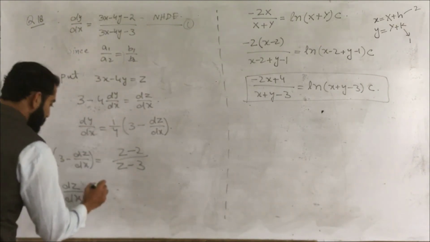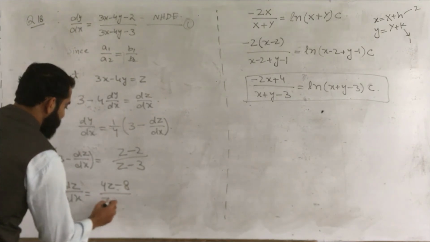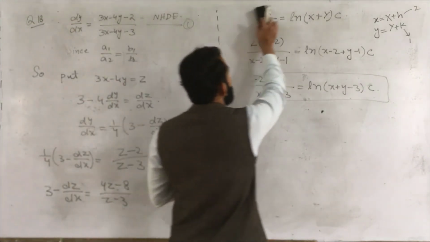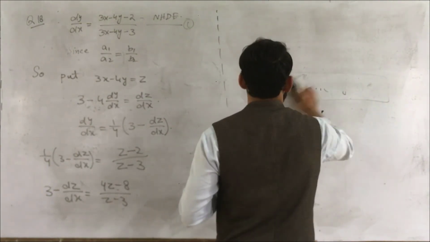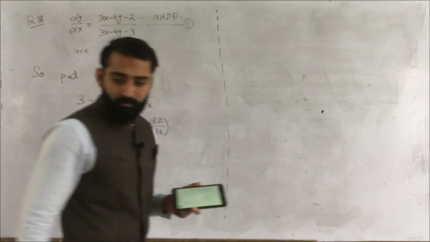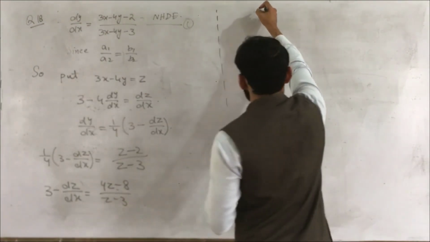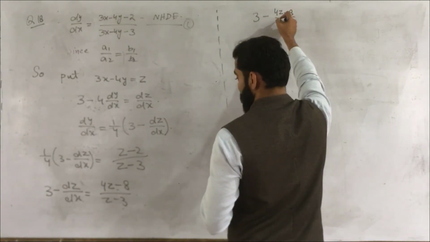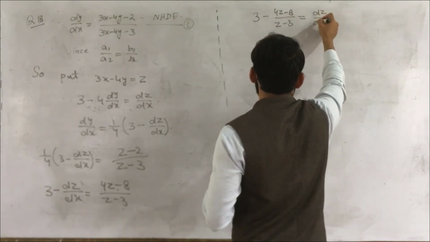This 4 is multiplied on the other side. After that, we have 3 minus 4(z minus 2) divided by (z minus 3) is equal to dz over dx.